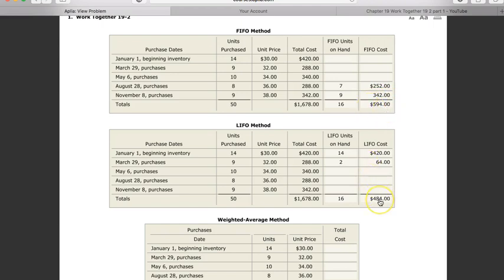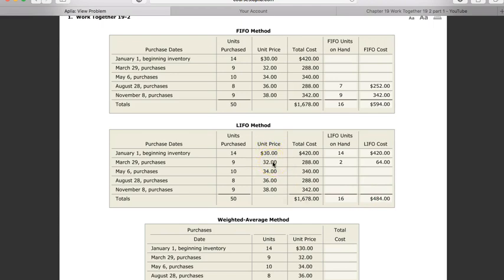Whereas with LIFO, the first ones that we bought are the ones that we account for, so it's going to be a smaller cost because prices are rising, but we're calculating our totals based on what we purchased in January and March when the prices were cheaper.